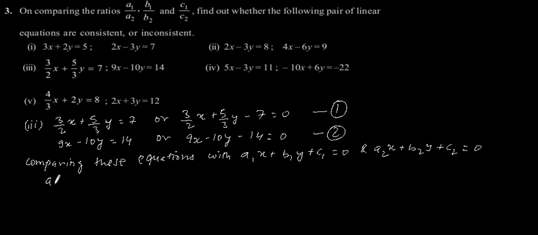We will get a1 is equal to 3 by 2, b1 is equal to 5 by 3, c1 is equal to minus 7, a2 is equal to 9, b2 is equal to minus 10, c2 is equal to minus 14.